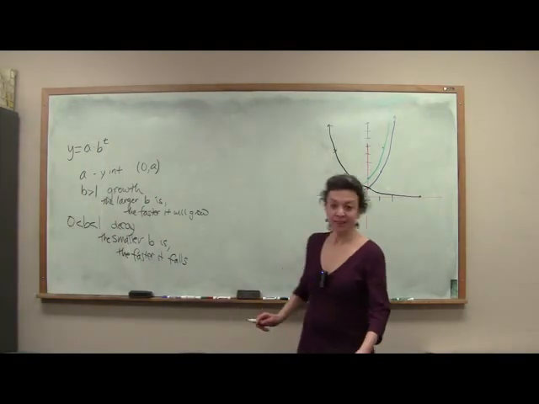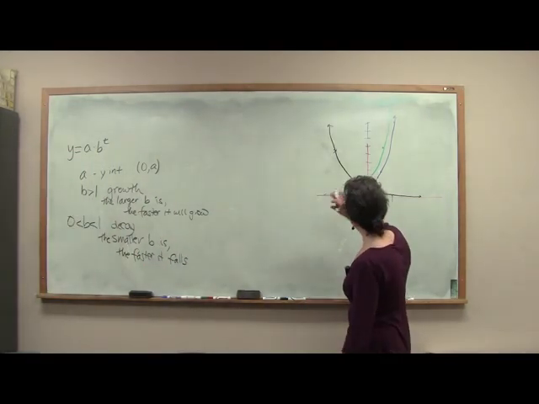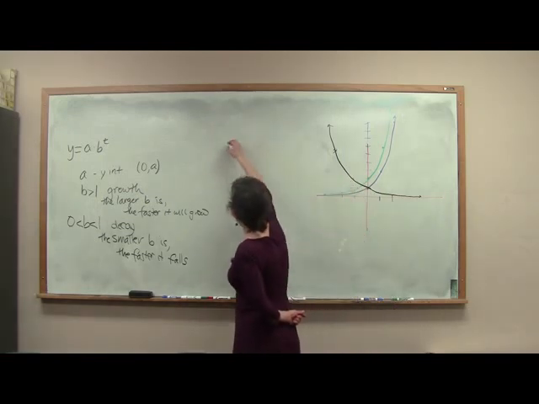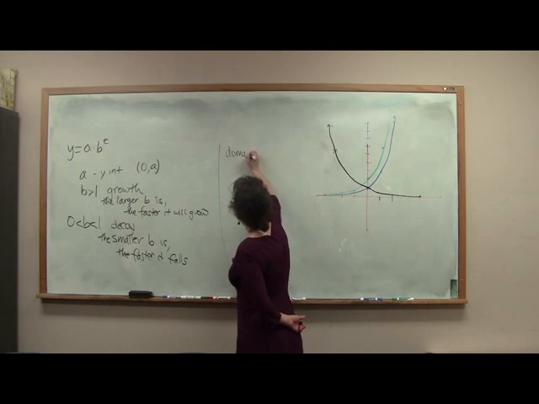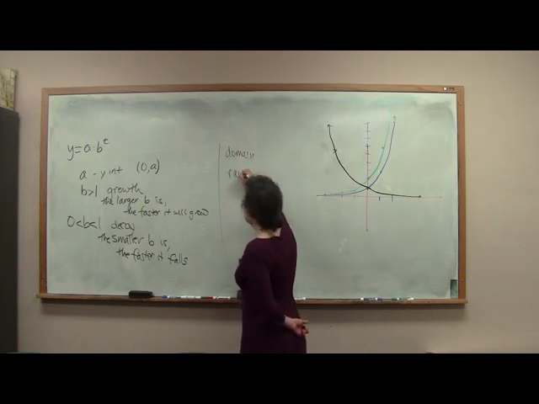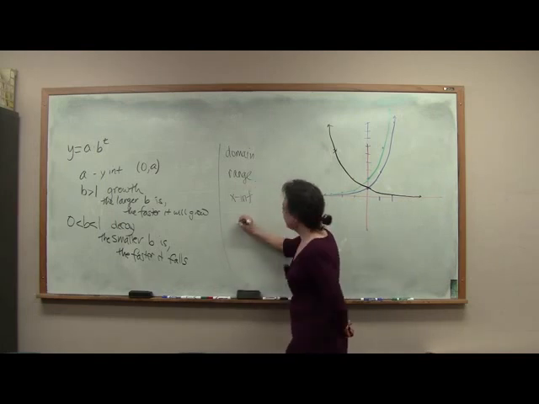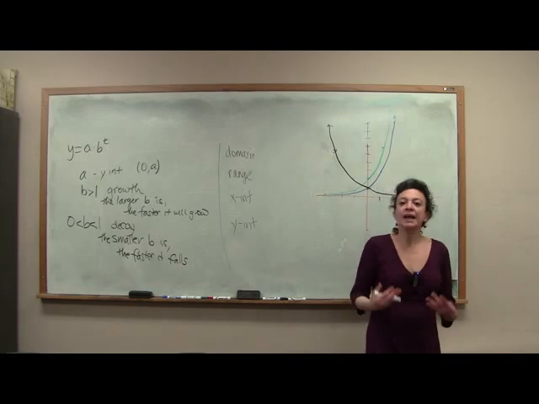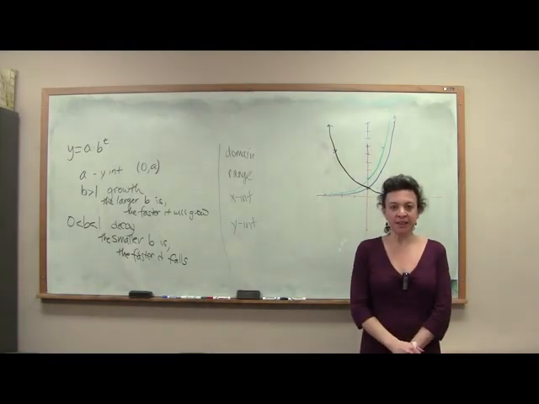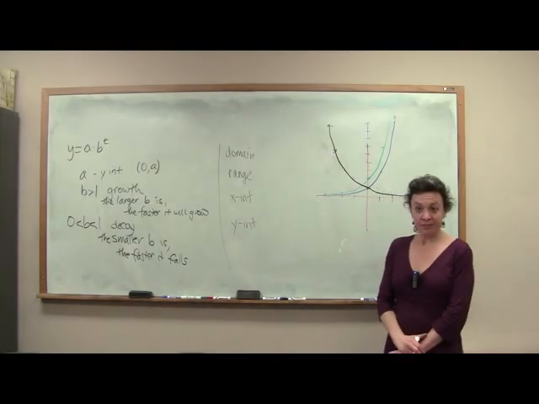Now, some other things that I would like to mention pertaining to the general graph of an exponential function. Some things we like to talk about whenever we talk about new functions are domains, ranges, any x-intercepts, any y-intercepts, and then any other really interesting things pertaining to our graph.